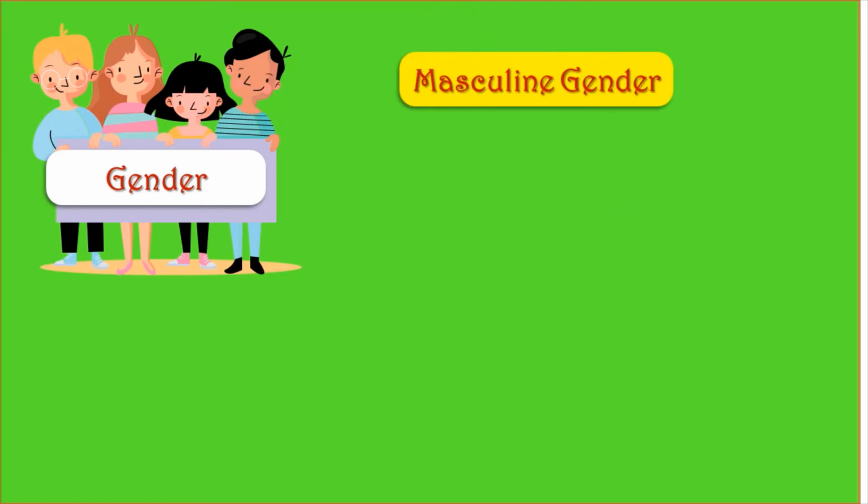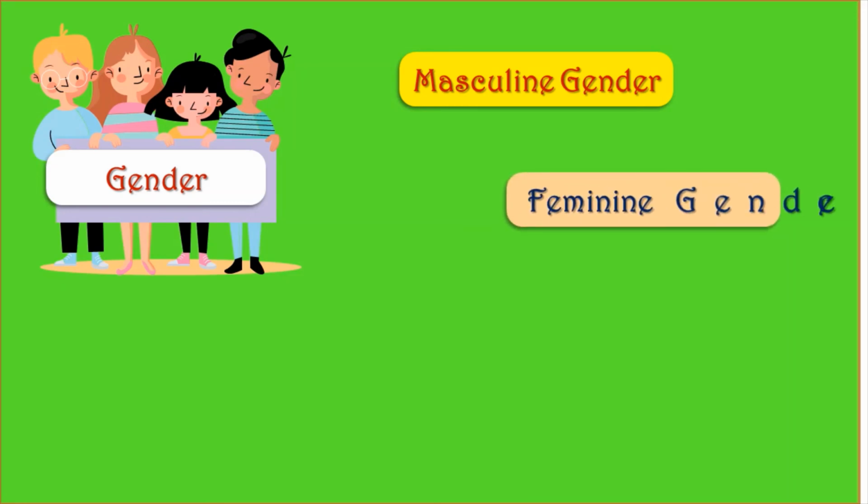So let's recap, children, what we have studied. We have learnt that there are 4 types of gender. The first one is masculine gender, which refers to all the males, whether it is human beings or animals. Second type is feminine gender, which refers to females.